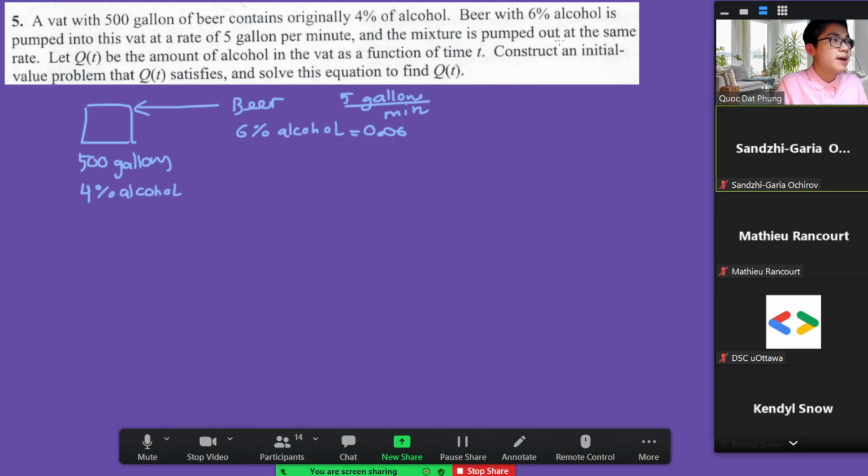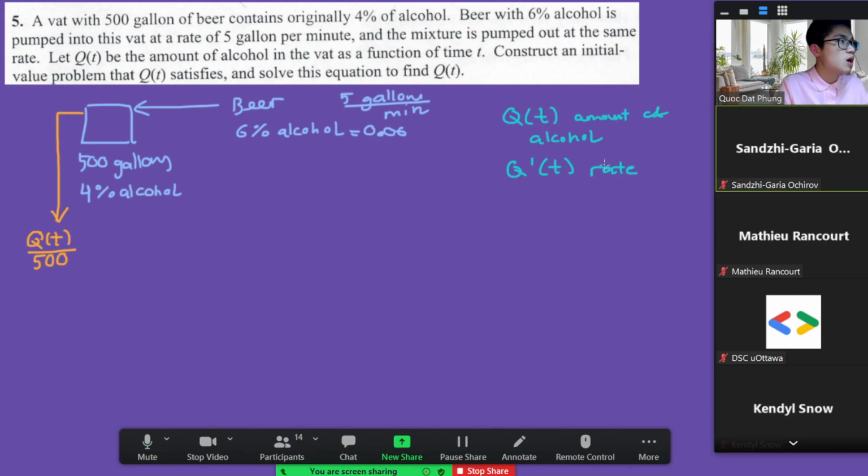And now what happens next? The mixture is pumped out at the same time, so some of it is also leaving. How much is it leaving? Why is it Q(t) over 500? Well, let's define things here. Let Q(t) be the amount of alcohol. So Q'(t) is the rate at which the alcohol is leaving.